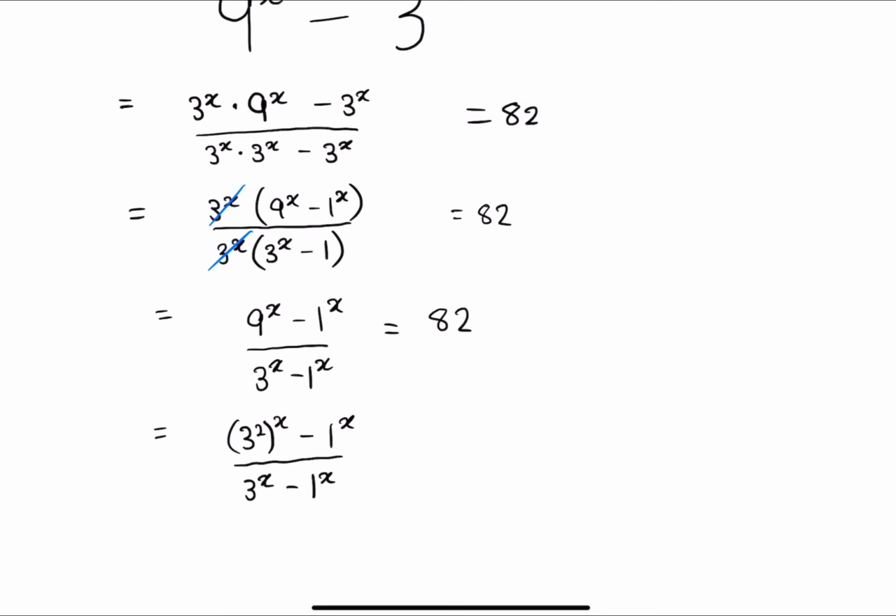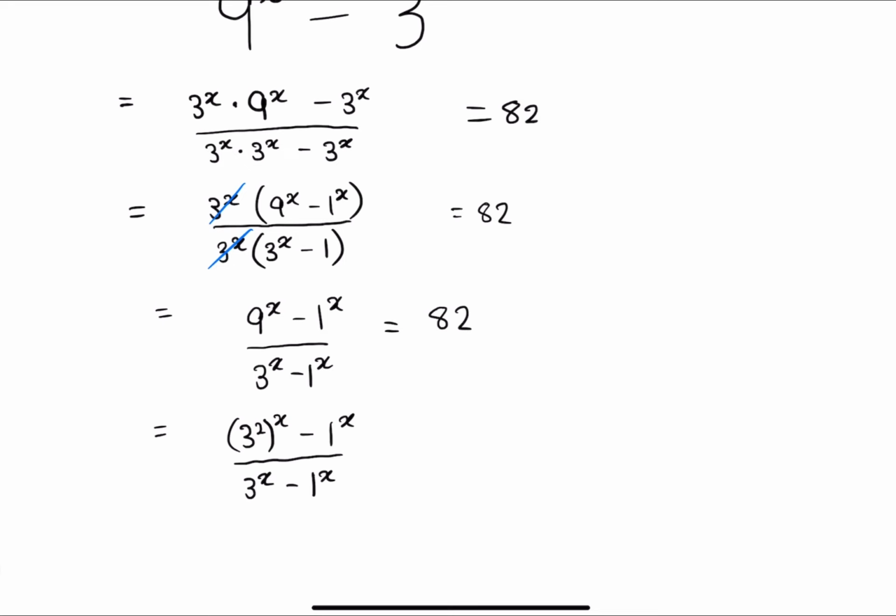Now, if you are familiar with exponents, you would know this rule that a raised to the power m raised to the power n is the same thing as a raised to the power mn, which is also the same thing as a raised to the power n raised to the power m.